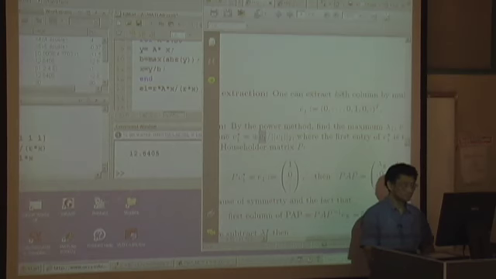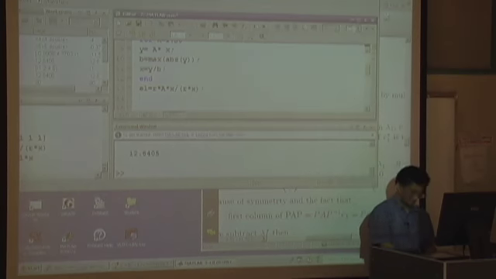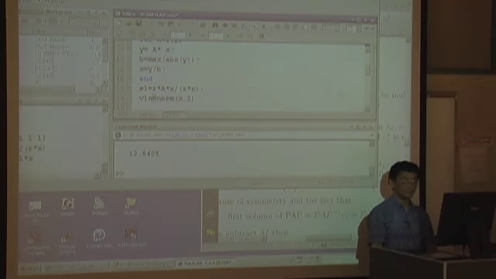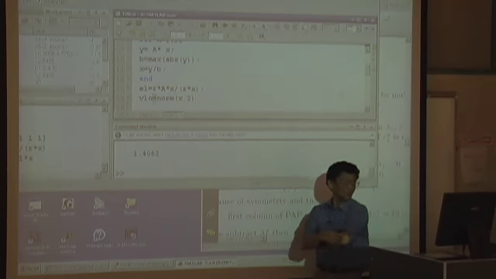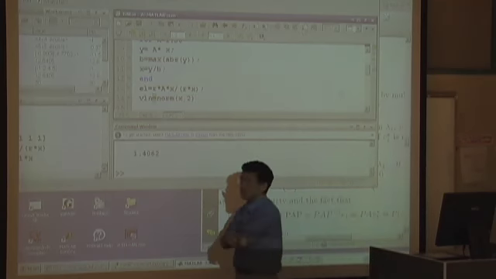So V1 norm is equal to the 2 norm of x, right? So let's run it. The 2 norm is 1.4. Is it that small?